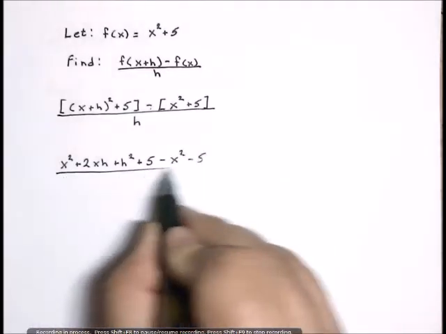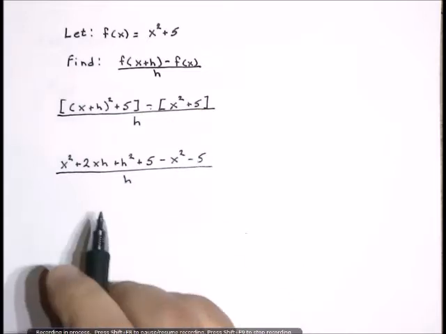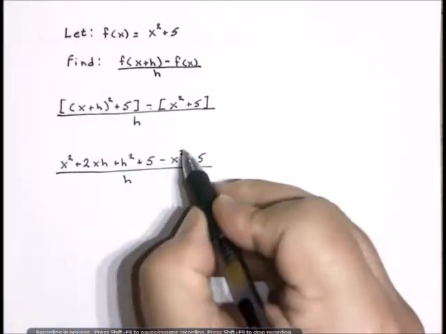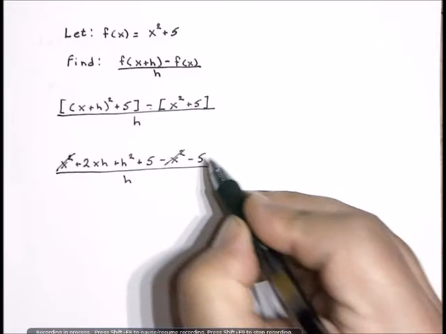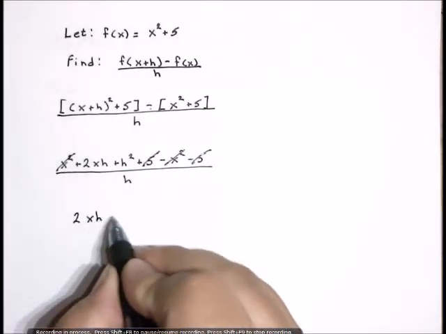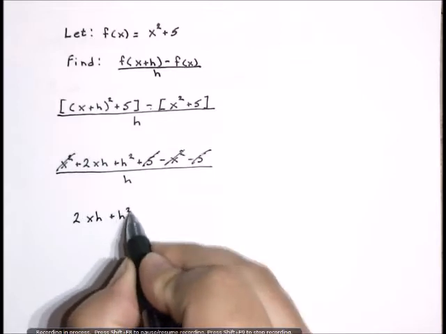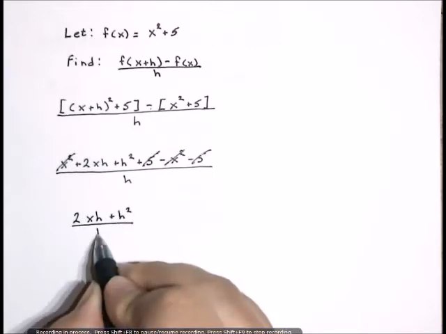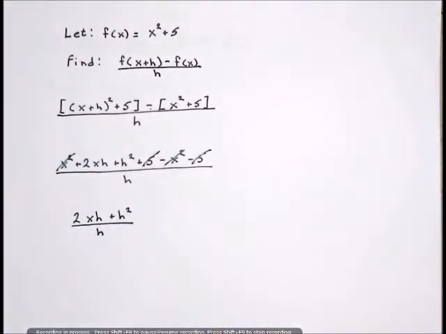It's all over h. And now I'm going to simplify. So the x squareds cancel out, the 5s cancel out. So I'm left with 2xh plus h squared over h.